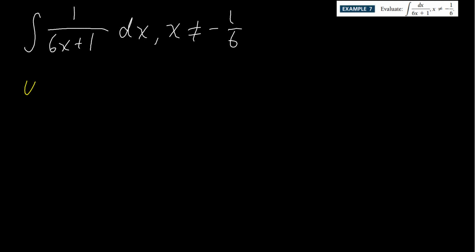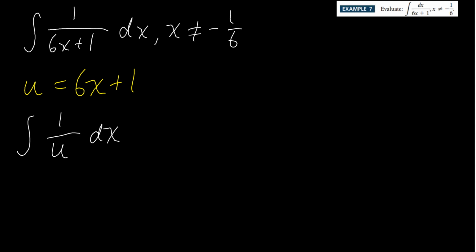Anyways, the u in this particular case should be pretty easy. There's no other option. U is going to be equal to 6x plus 1. So if I were to rewrite my integral here, it would be 1 over u, and then I have dx here. Okay, so in this particular case, what do I need to replace? Well, I've only got one thing to replace here, and that is a dx. So let's rearrange this equation.